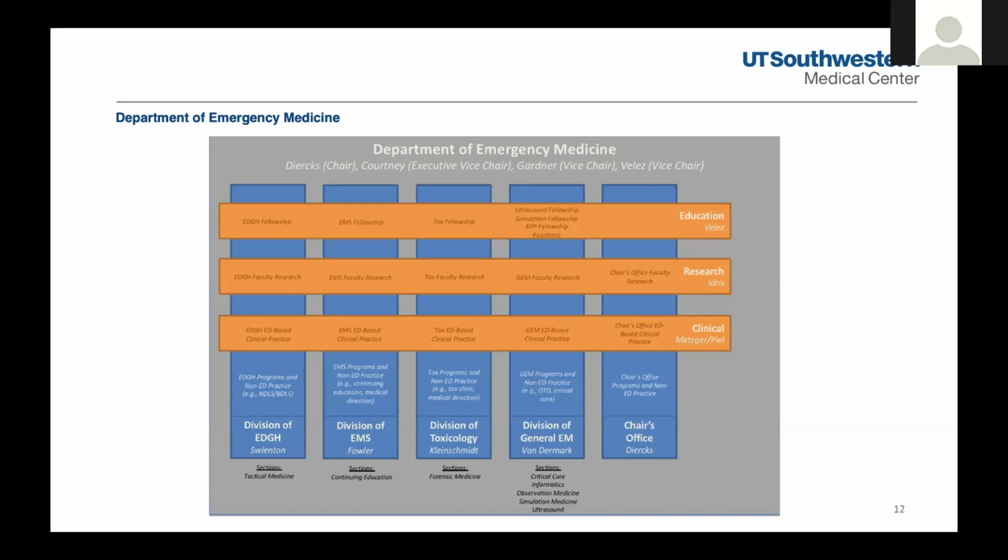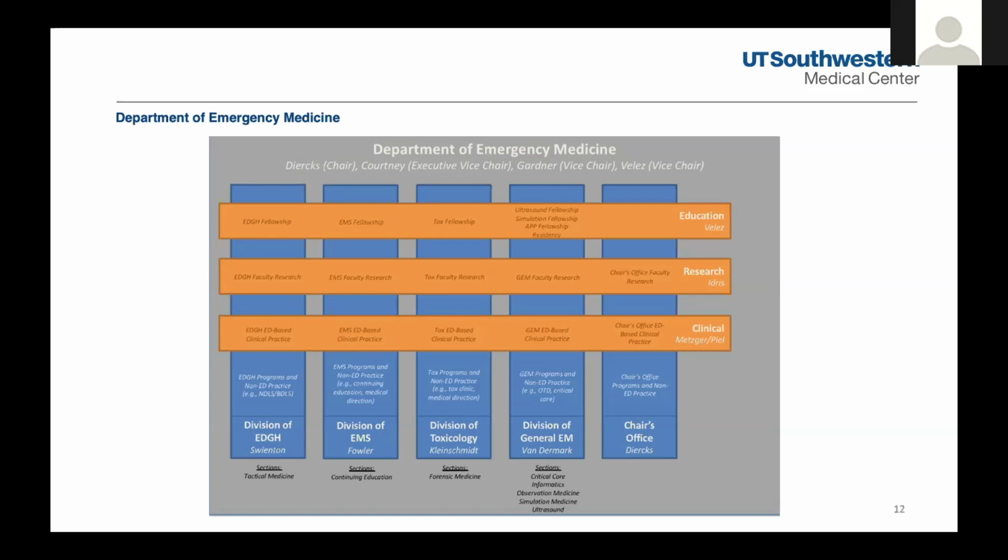So each of the vertical blue bars are divisions within the department. Each of the horizontal orange bars are functions that we have as a department. So we have a vice chair of education, a vice chair of research, and 2 medical directors who help oversee each of our functions, and their responsibilities span the faculty within all of the divisions of the department.